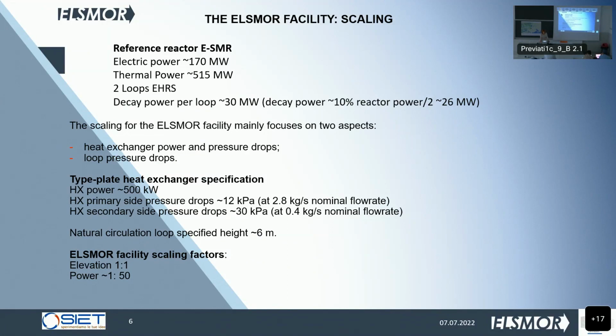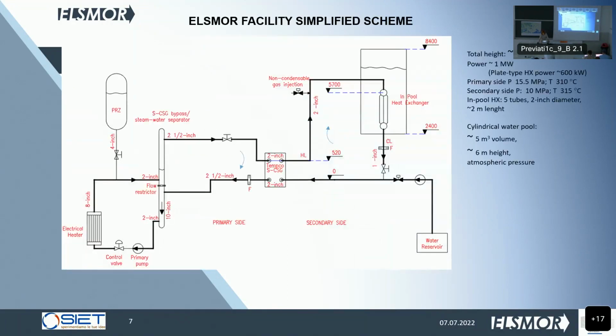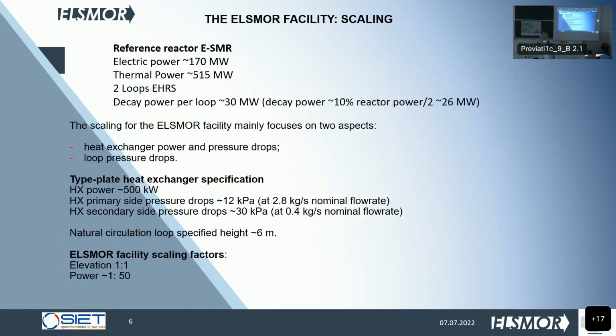Other values we had from the specification were the pressure drops in the heat exchanger, because the plate heat exchanger had some pressure drops specified, both primary and secondary side.